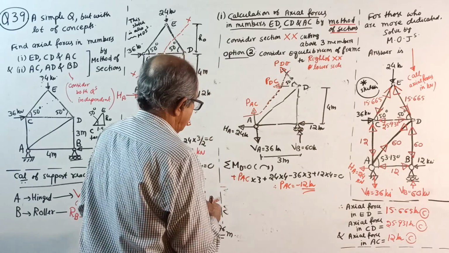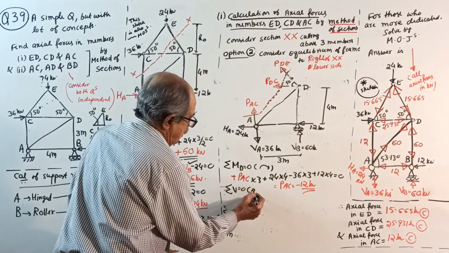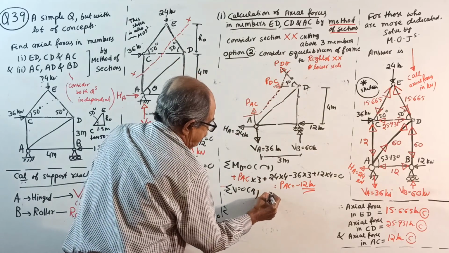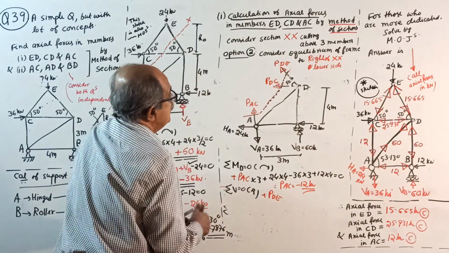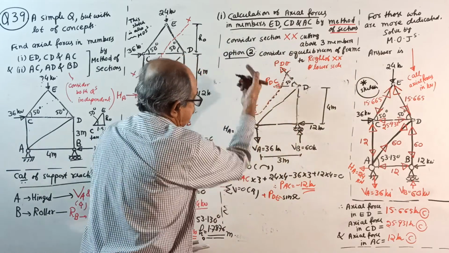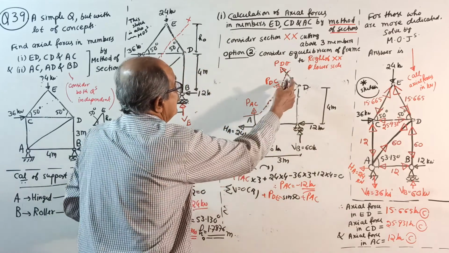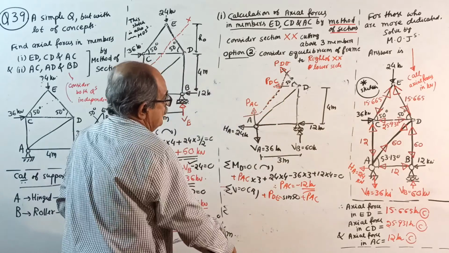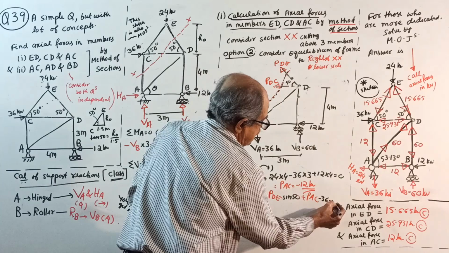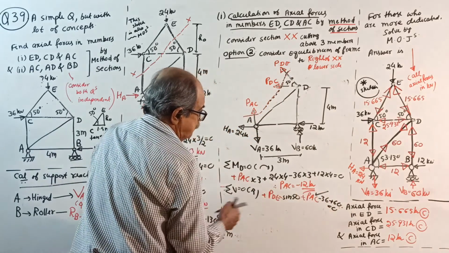Yes, minus 12. Then sigma V equal to 0, take upward positive. Plus PAC, unknown first, plus PDE into sin 50, plus PAC, minus 36, then plus 60 equal to 0. You know the value of PAC, substitute that.